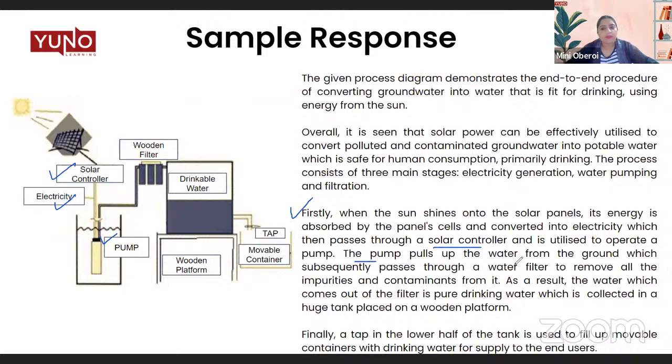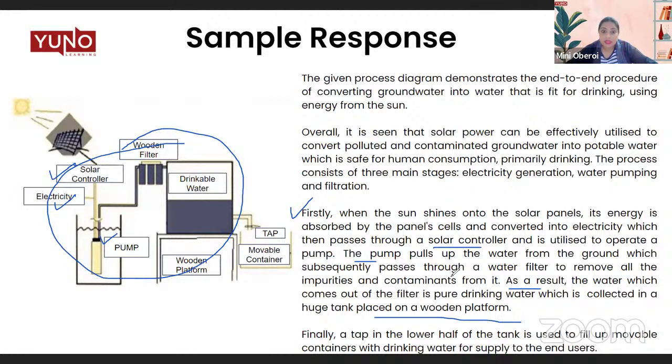The pump pulls up the water from the ground, which subsequently passes through a water filter to remove all the impurities and contaminants from it. As a result, the water which comes out of the filter is pure drinking water, which is collected into a huge tank placed on a wooden platform. All this is covered.